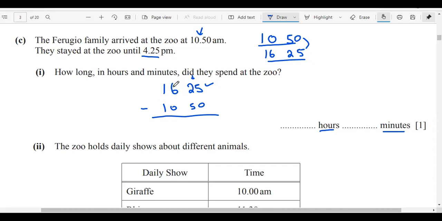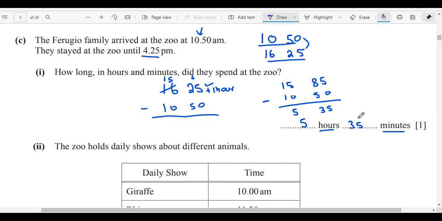Okay, so when I cancel this, I will write down 15 hours and add 1 hour, the new thing would be 15 hours and 85 minutes minus 10 hours and 50 minutes. And now I'm going to find the difference. This is 5 and this is 35. So this would be 5 hours and 35 minutes.